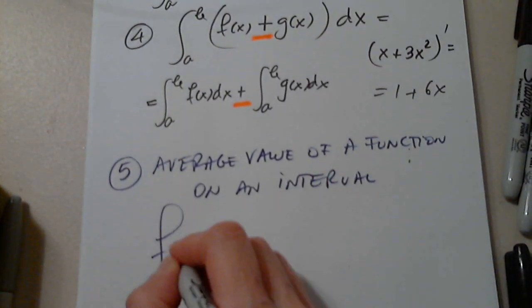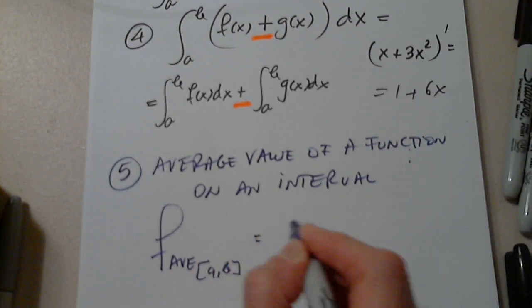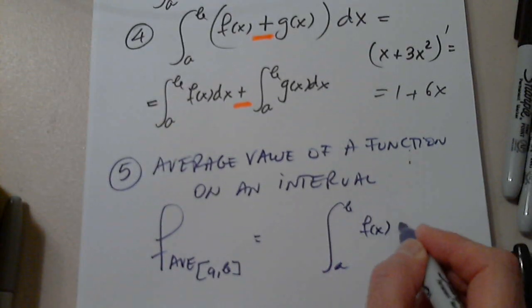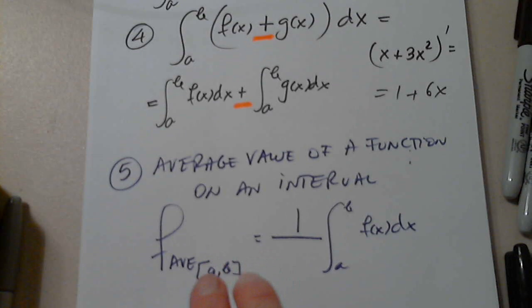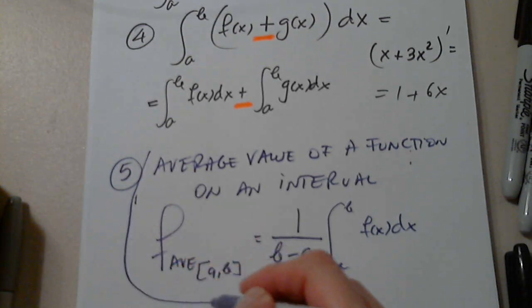It's called f average, on the interval a comma b. So it is the integral from a to b of f of x dx, but in front is 1 over this difference, of course, b minus a. So this is a formula.